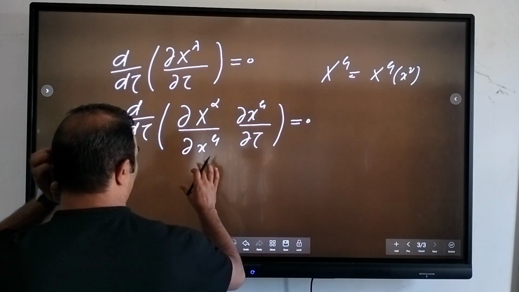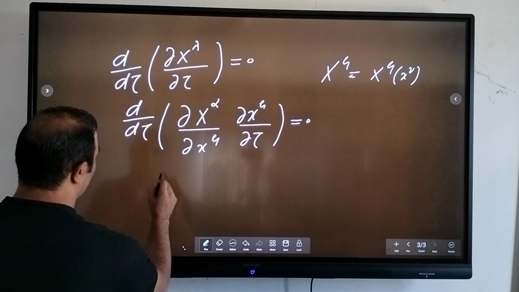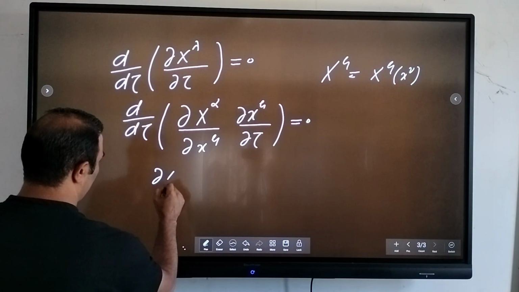So we can rewrite this term as partial x alpha.